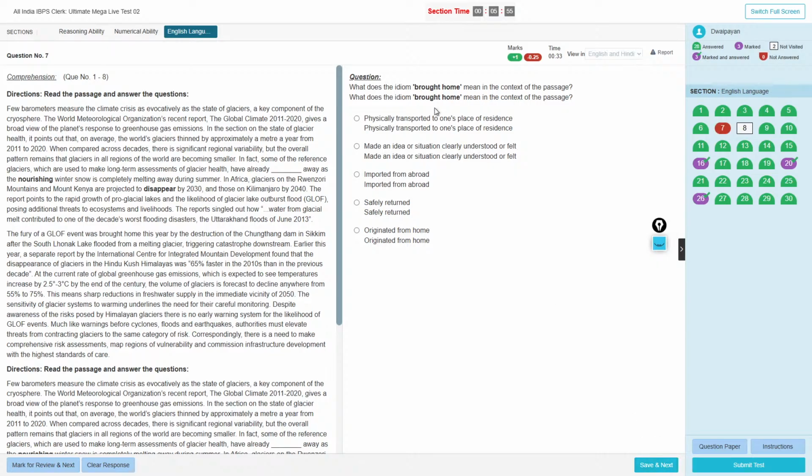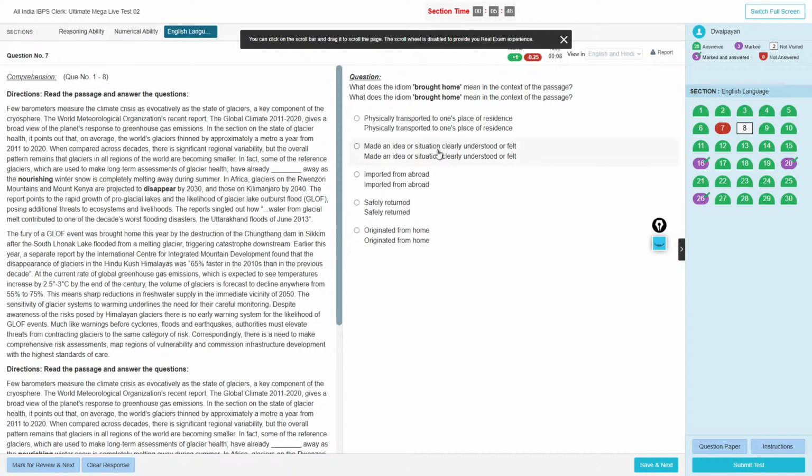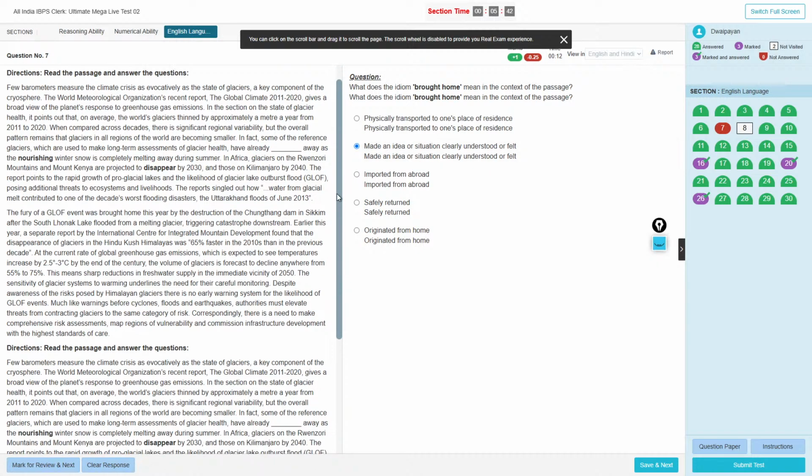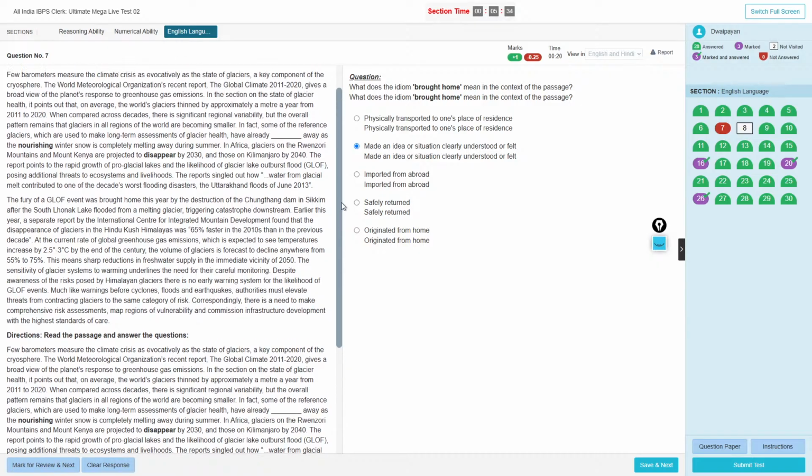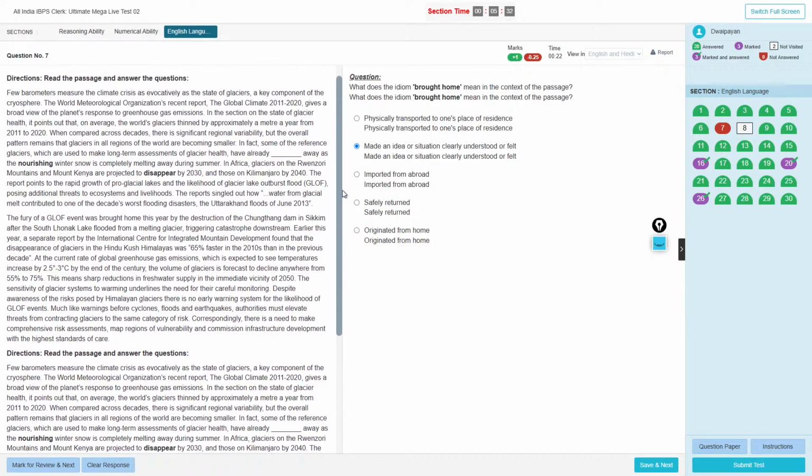So, okay. What does the idiom brought home mean? So, where is brought home written? Physically transport, make an idea or situation understood, or felt. Brought home. I think this is the correct one, but let me just see where it is. Brought home, brought home. Oh my goodness.